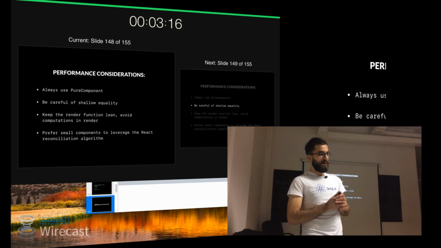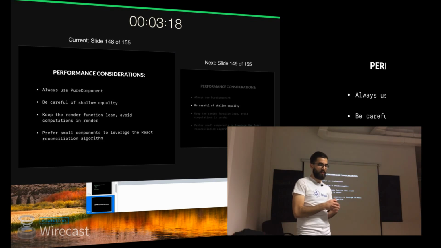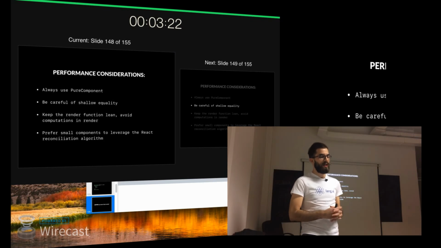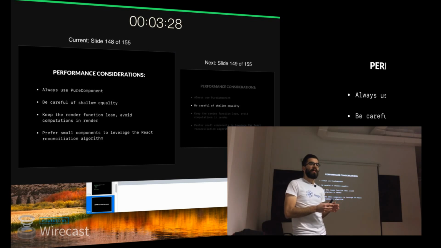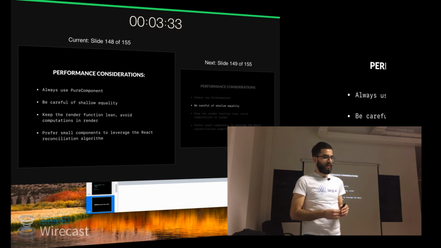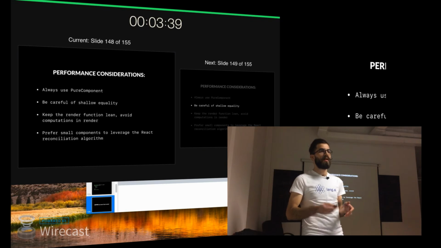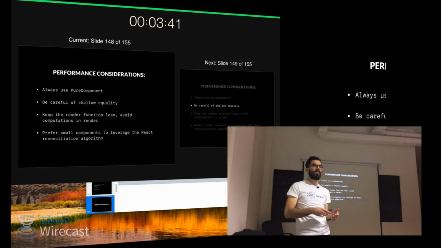The second thing is you should be careful of shallow equality. We will see more on this later. You should keep the render function lean and avoid computation in the render. Particularly if you are animating, you need to keep in mind that every render is actually a frame in the animation. So if you want to keep your animation at 60 FPS, you don't have much time because you have maybe less than 16 milliseconds to perform the entire render function.